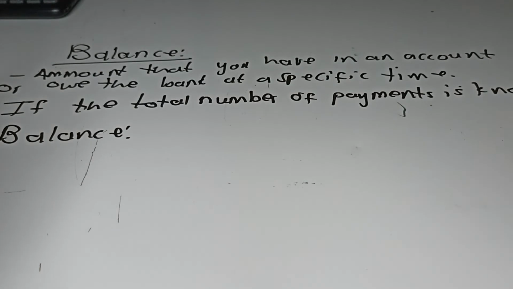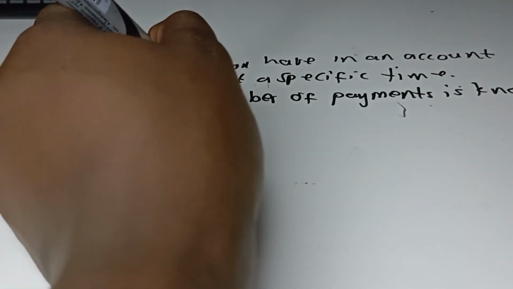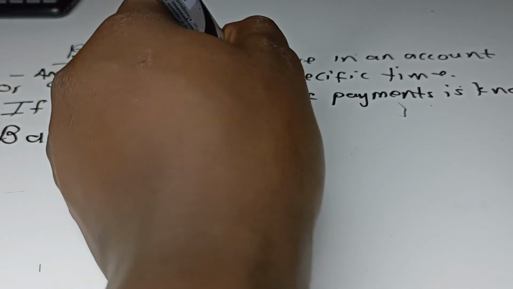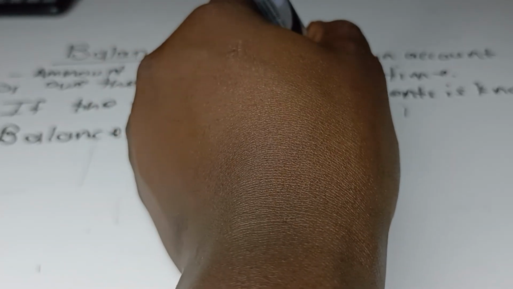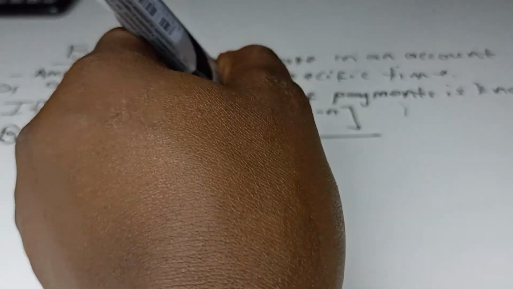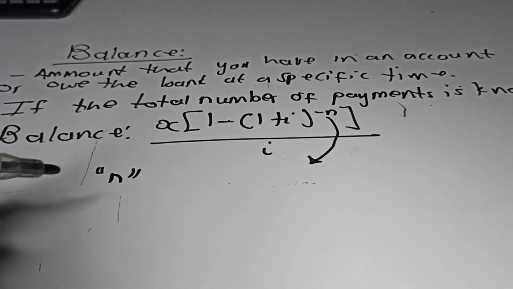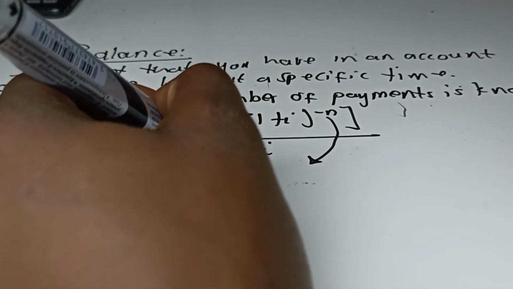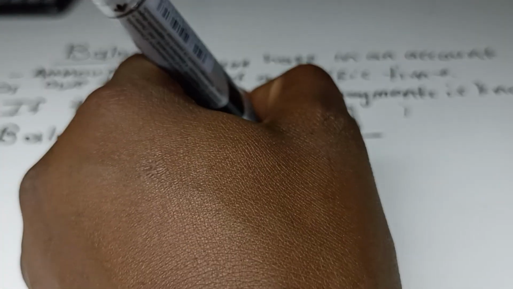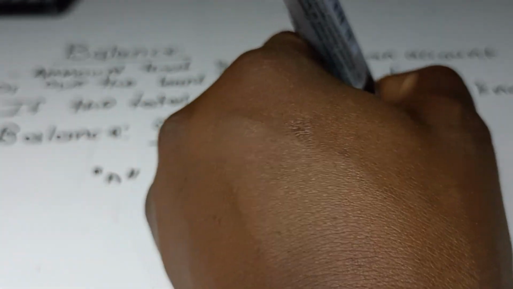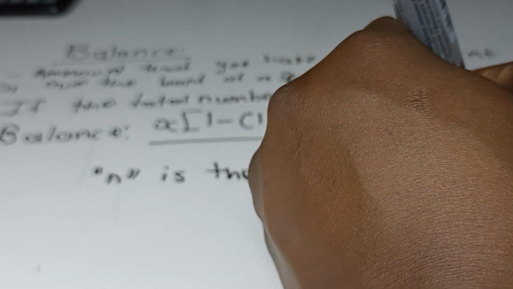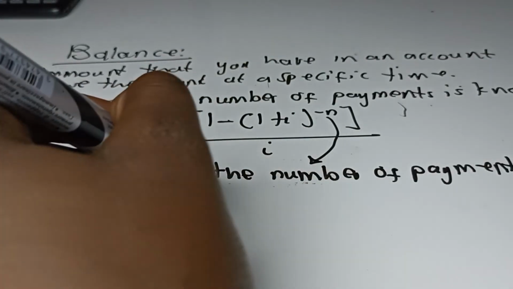You're going to use this formula: the balance is equal to x, for installment, times 1 minus (1 plus i) to the power of negative n, divided by i. Don't forget, let me emphasize the point here, that this n is representing the number of payments left.